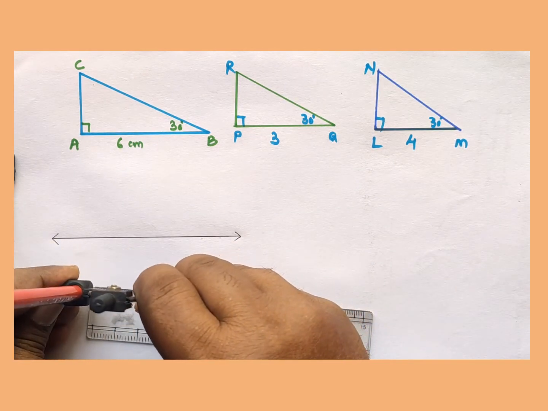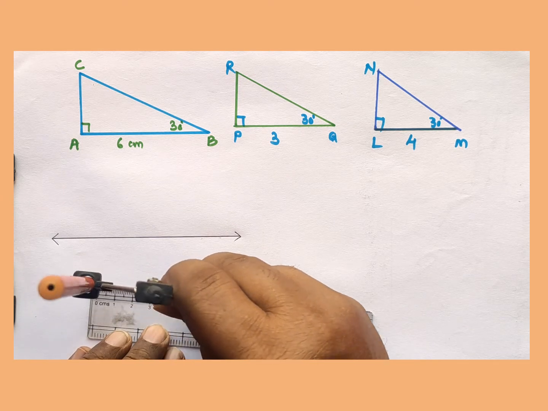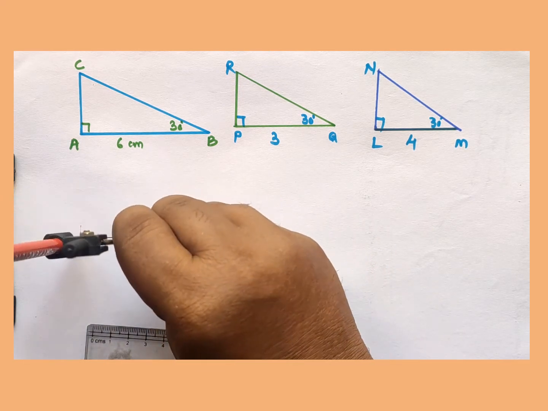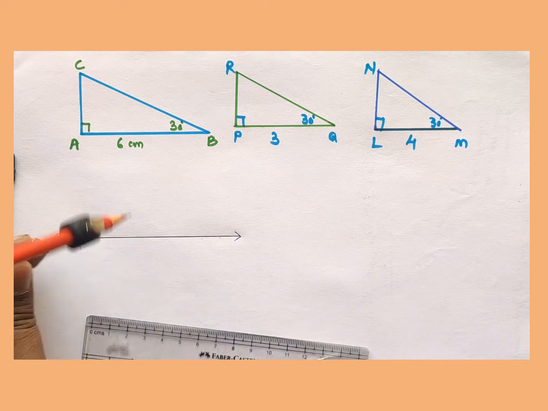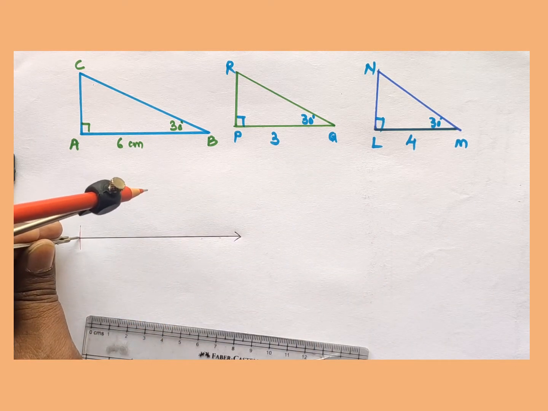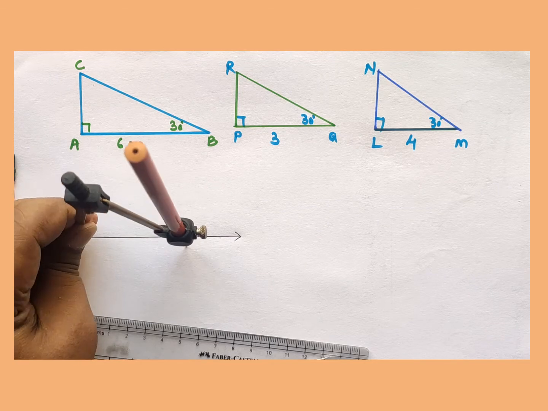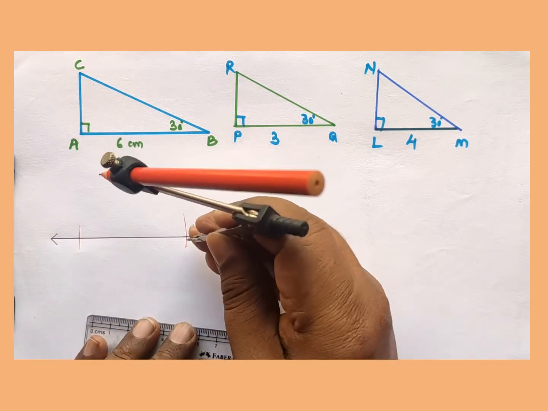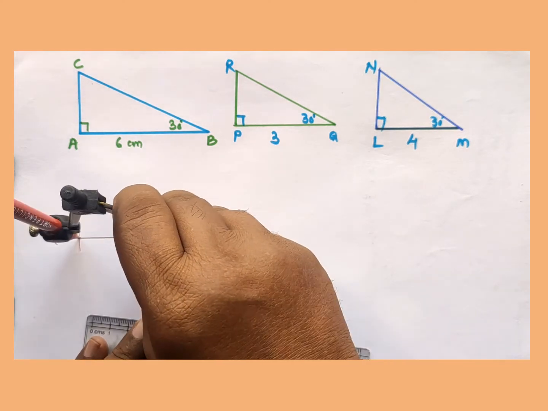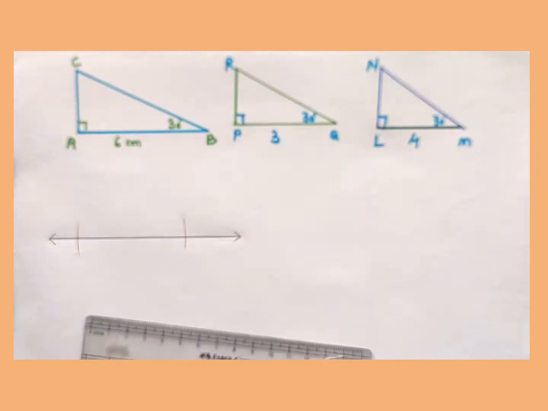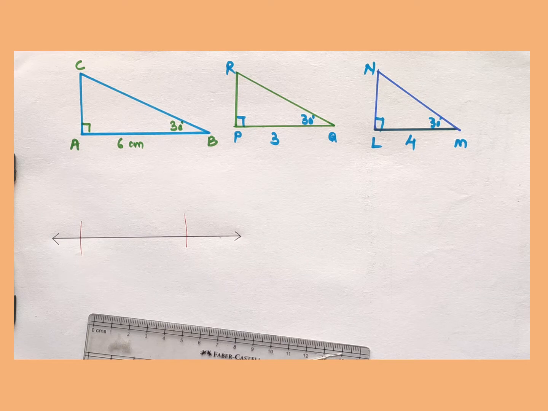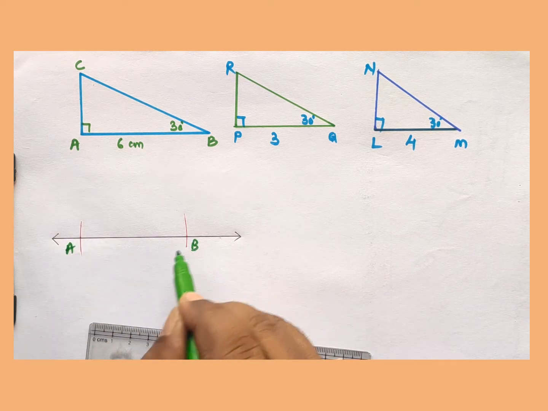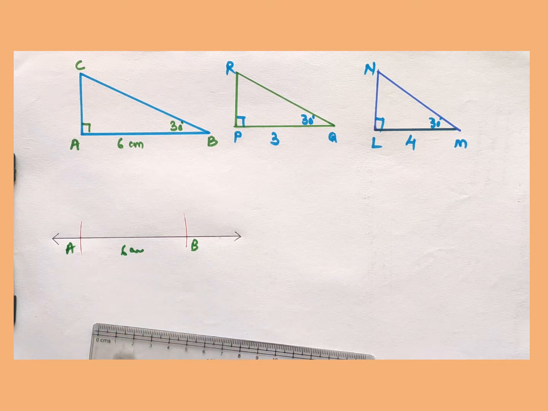We have to be very precise, then only you will get the wanted result. I'm doing it a little dark so that it can be visible properly. Naming A, B, 6 centimeter.